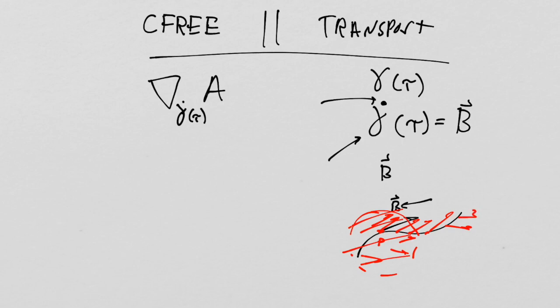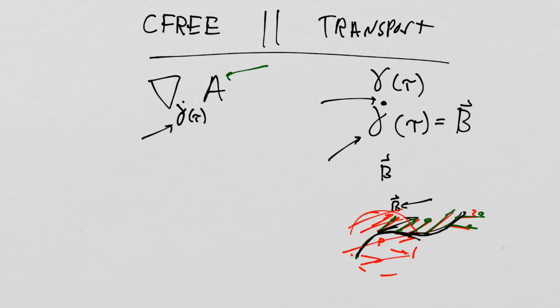So if I point out A just along the curve, the question is how does the vector field A change along this curve gamma? And the key to that change is not the whole curve itself, but just the tangent vector of that curve at every spot.